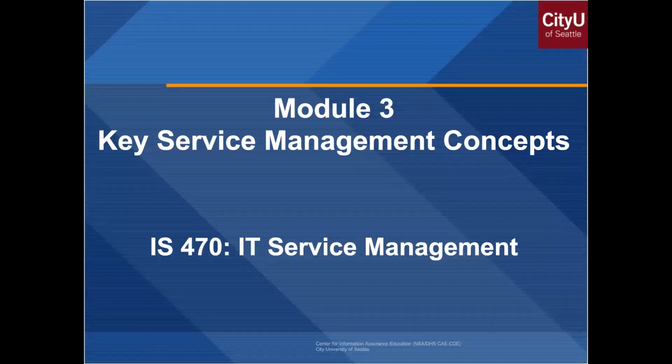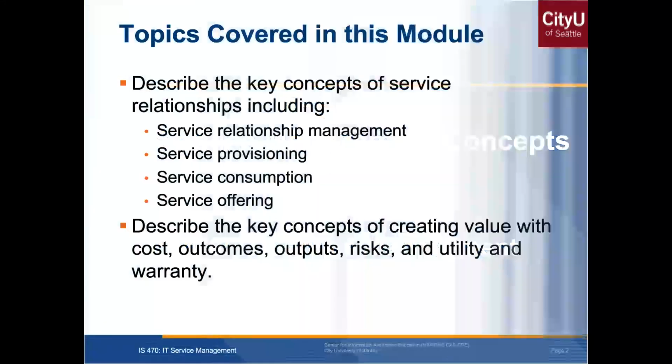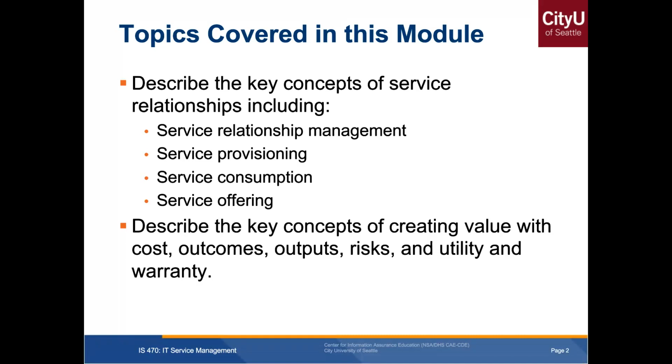Okay, let's wrap up the textbook contents. Module 3 is about key service management concepts. We discussed the four key service management concepts. We have service relationship management, which involves the service provider and the consumer.